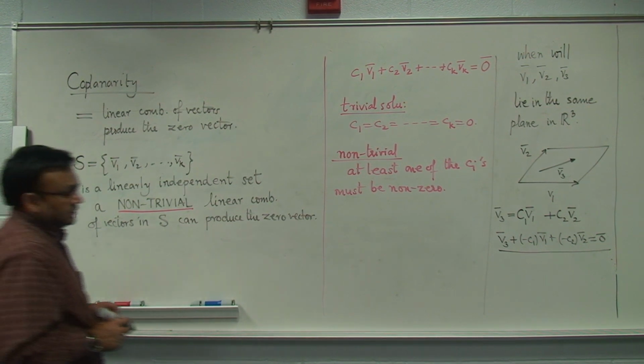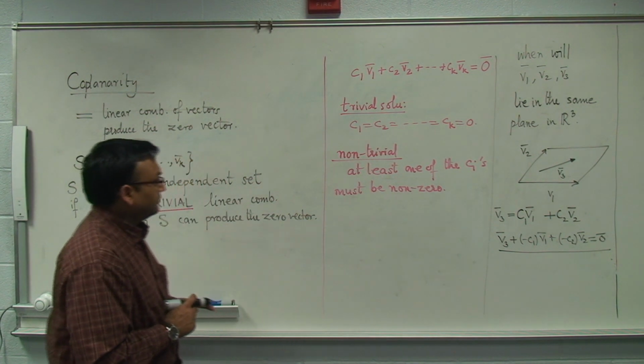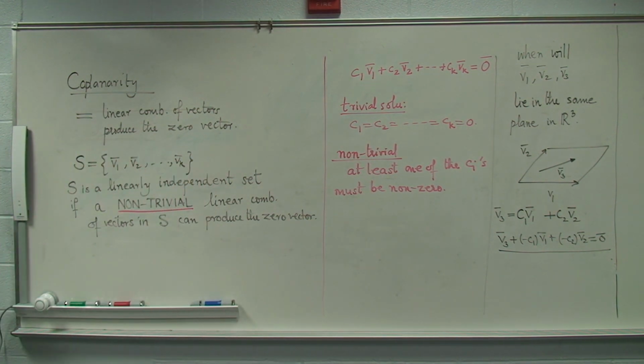So, if at least one of the Cis is non-zero, then we will say non-trivial solution, and in which case, actually, the way I have written the definition is wrong.